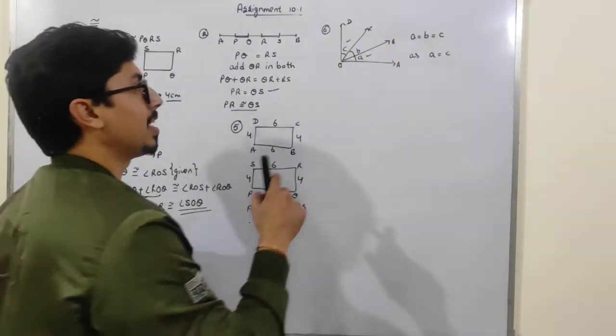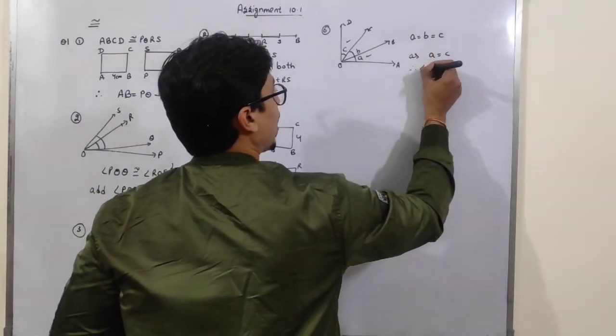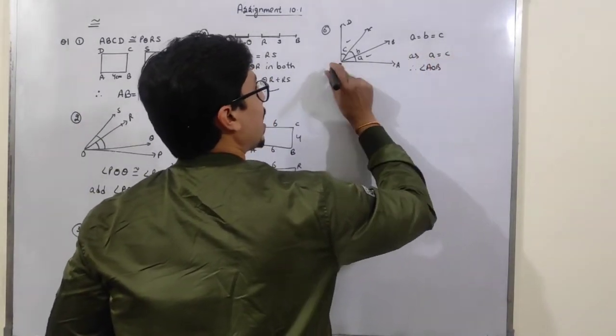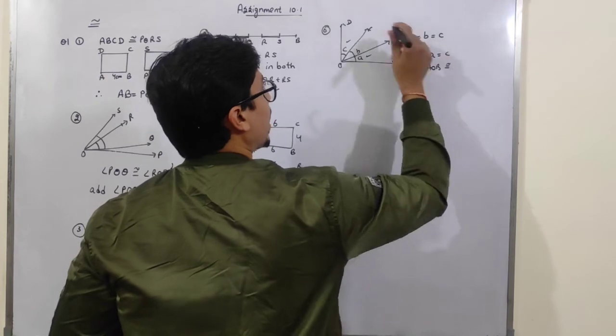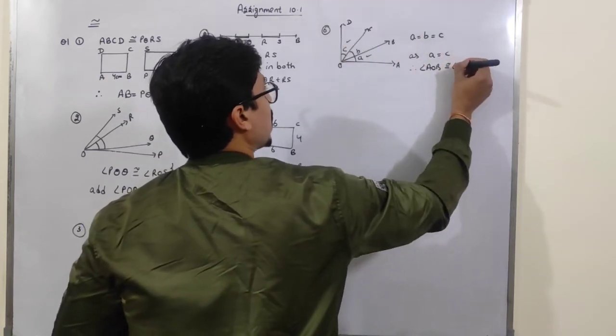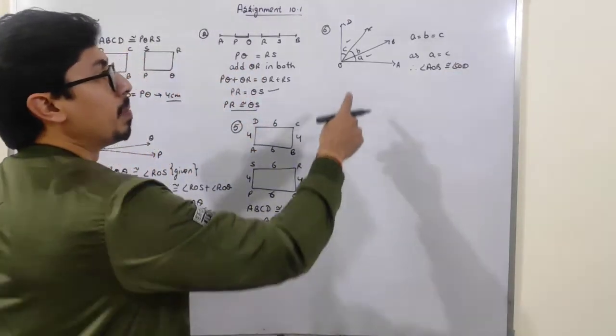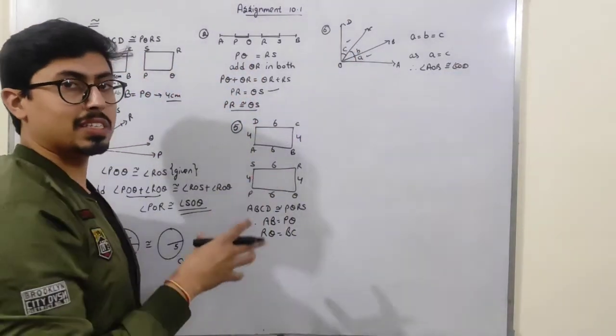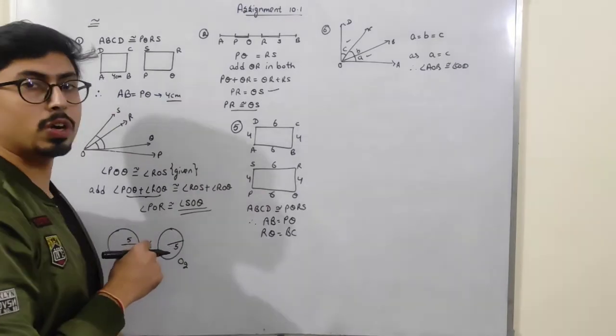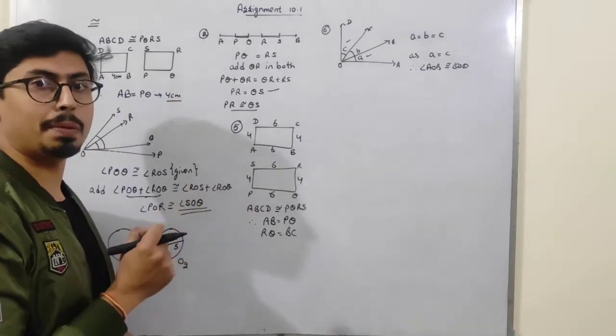So students, I can say that angle AOB is congruent to angle COD, because both these angles are equal, so I can say that yes, these two angles will be congruent also, because if they are equal they will overlap each other.